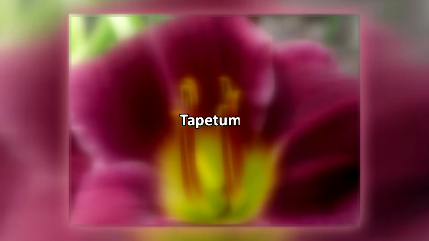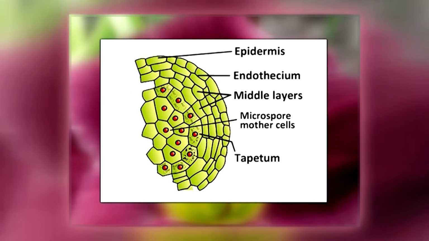Number 4. Tapetum. It is the innermost wall layer of the anther. Usually it occurs as a single layer around the sporogenous tissue and is characterized by the presence of dense cytoplasm and prominent nuclei. Sometimes the cytoplasm of tapetal cells is pigmented.